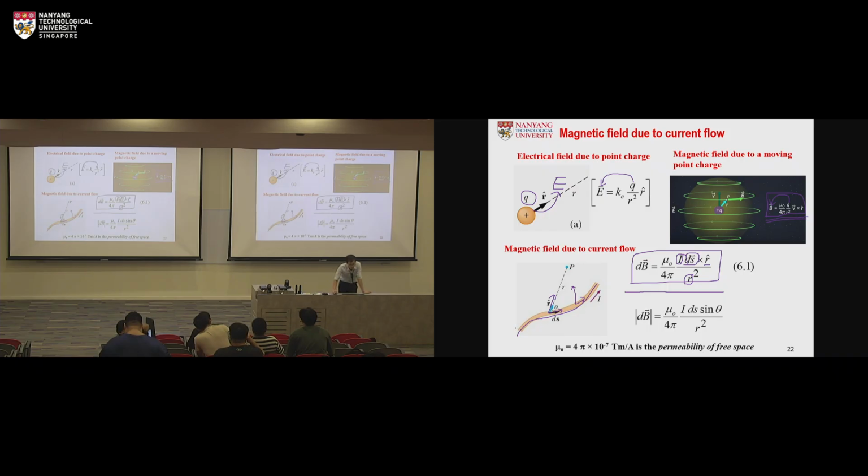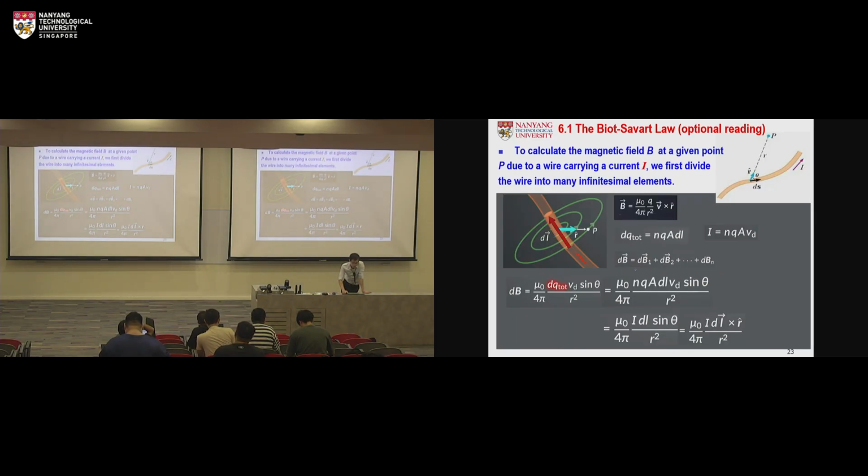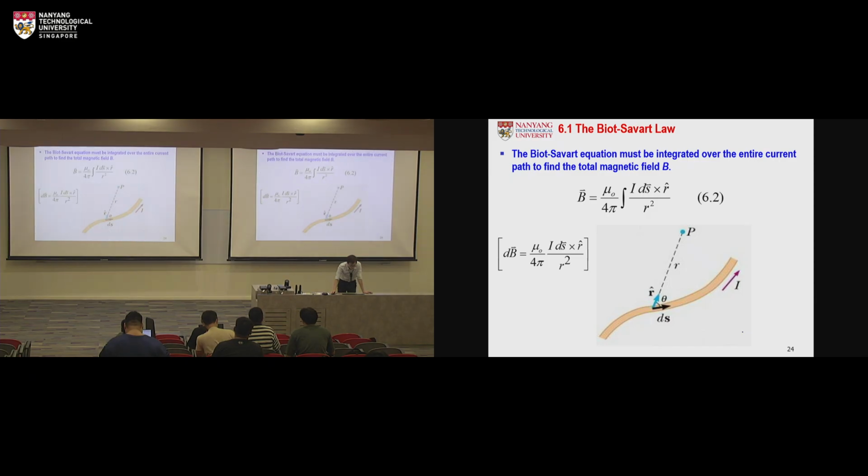So if you have this kind of wire, both ds and vector r are not uniform. You cannot apply it directly, but instead you will need to do integration from ds to the entire wire. This is what you will get. You will get this total B.